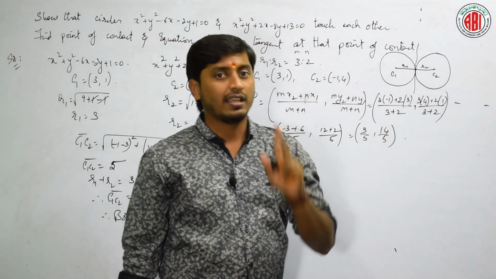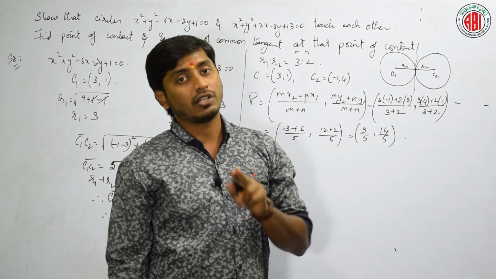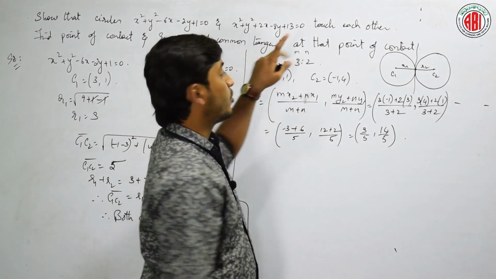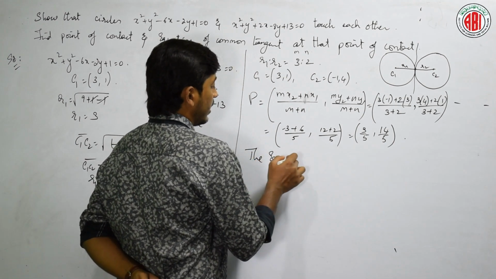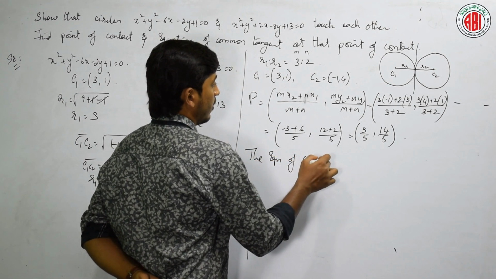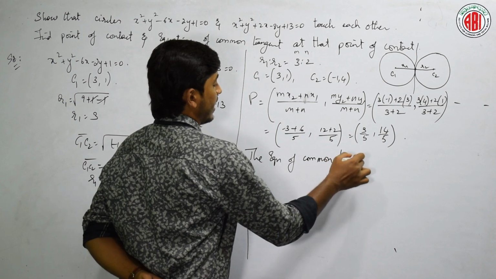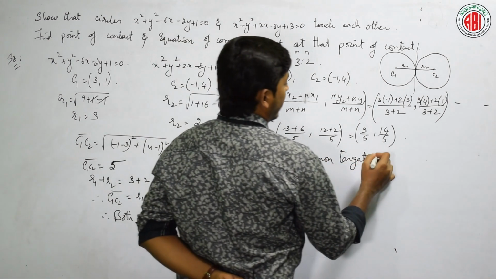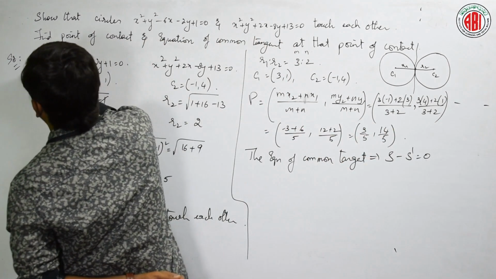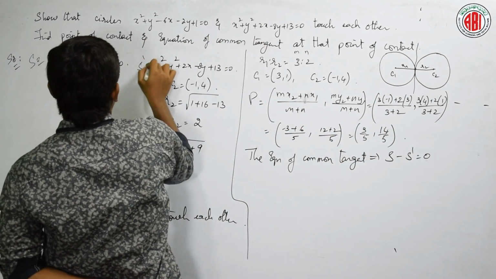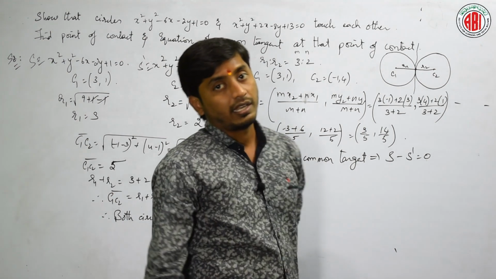That is one case. And one more new thing which we are going to learn from here is, if two circles are given, then the equation of common tangent can be written as S minus S dash is equal to 0. Let us say the first equation is S and the second equation is S dash, right.